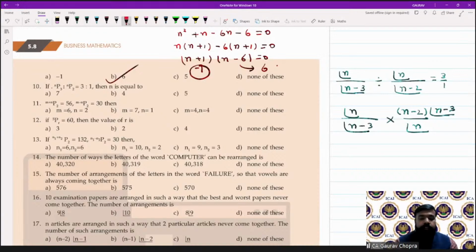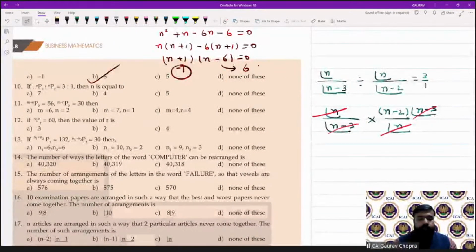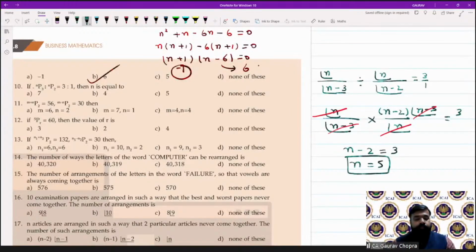So let's cancel factorial N and factorial N minus 3. So it is equal to 3. Since N minus 2 is equal to 3, N will be equal to 5. Therefore, we can select option number C, 5.